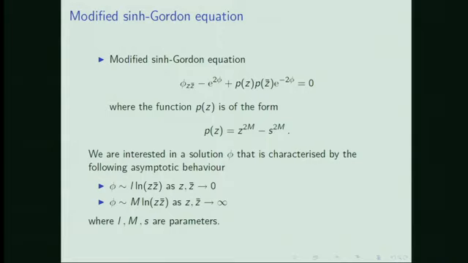This function p of z takes this form, where m and s are just some variables. We will be interested in an asymptotic solution of phi that is characterized by this behavior. As previously, we want phi to go as log z z bar when z and z bar are small, and we also want the same type of behavior when z and z bar are large.